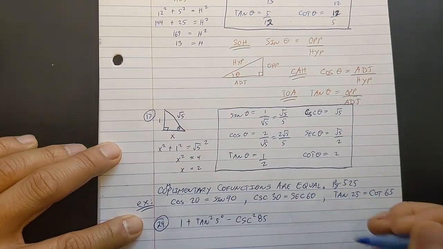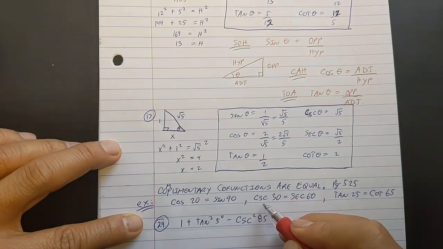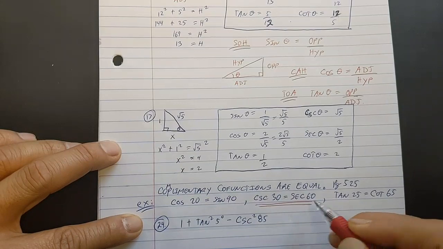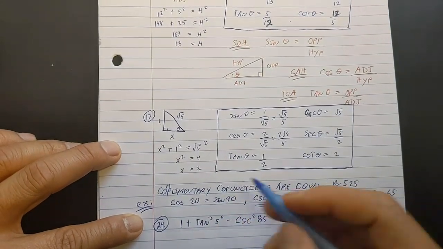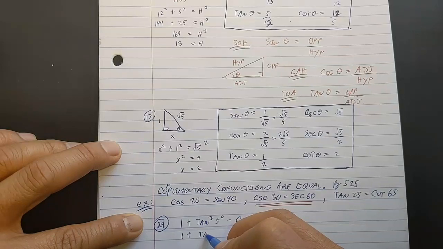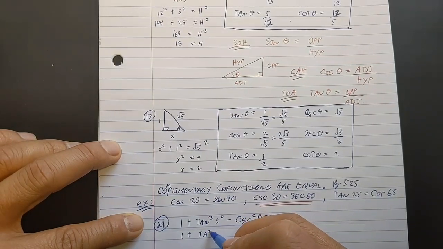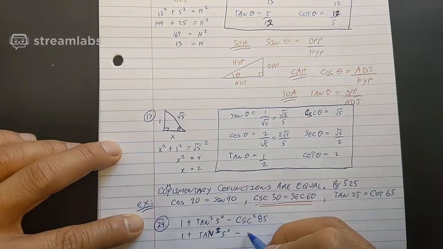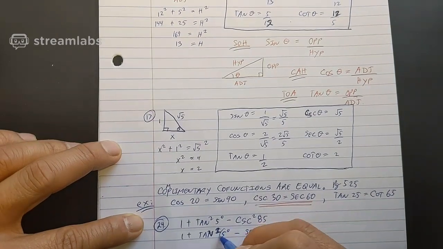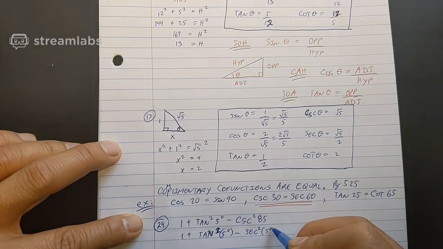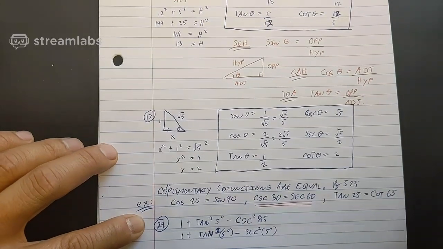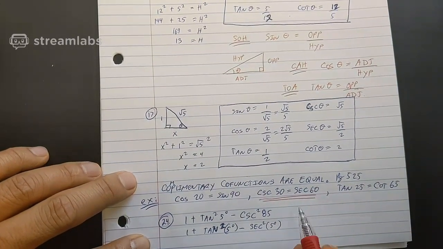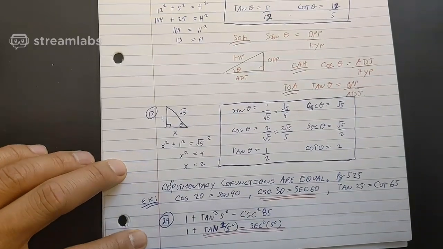All right, so I'm going to use this. So 1 plus tangent squared of 5 degrees minus secant squared of also 5 degrees. And I think you guys know what this is equal to. It's in your trig bits.